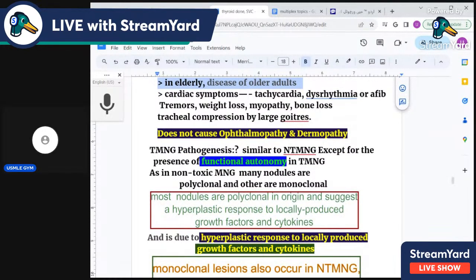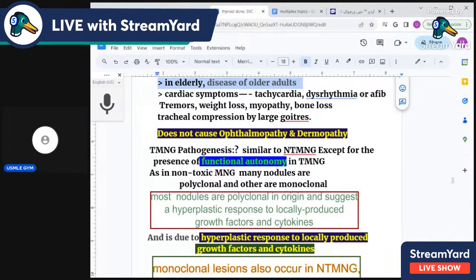Its pathogenesis is similar to that of non-toxic multinodular goiters, except for the functional autonomy that they have. Otherwise, they are polyclonal in origin, and the hyperactivity and hyperplasia is due to locally produced growth factors and cytokines.